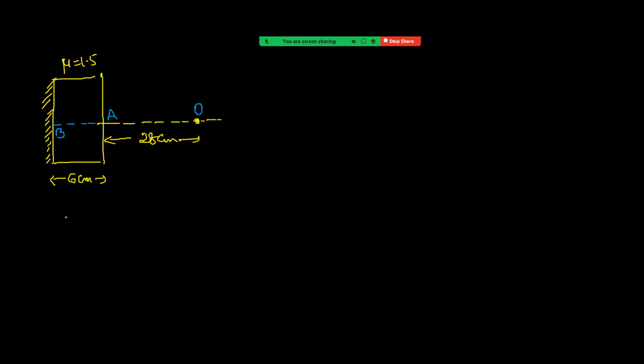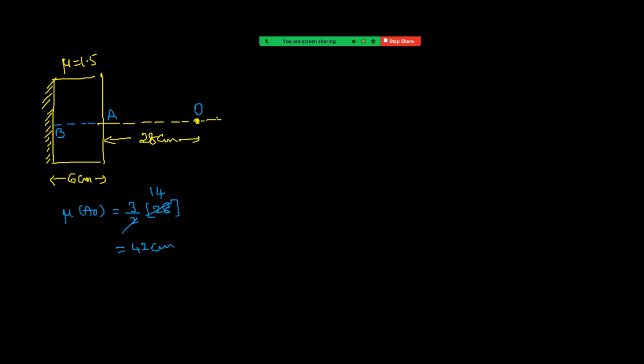So I am writing here mu times AO. Mu value 3 by 2 means 1.5, AO value 28 centimeter. This is 14 times 3, which is now 42 centimeter. See the meaning of this.